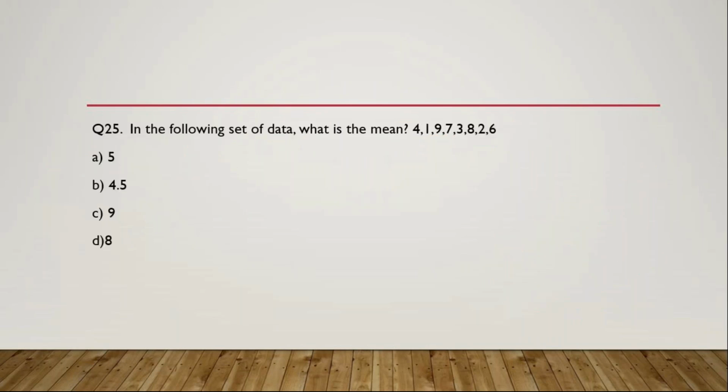So the question is: in the following set of data, what is the mean? Observations are 4, 1, 9, 7, 3, 8, 2, 6. Now solve. The options available are option A 5, option B 4.5, option C 9, and option D 8.